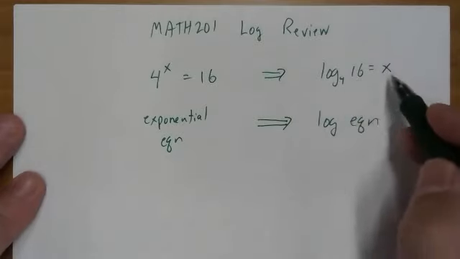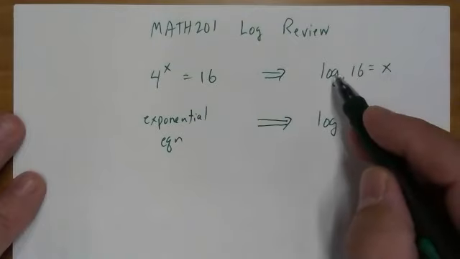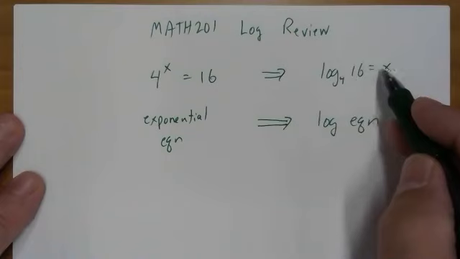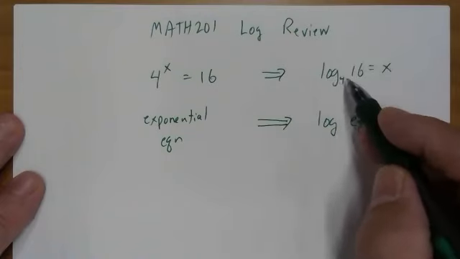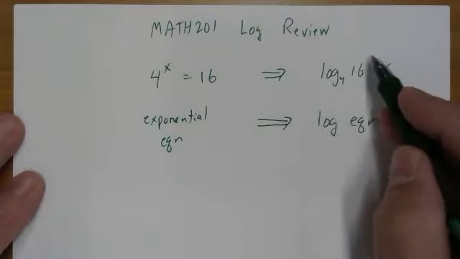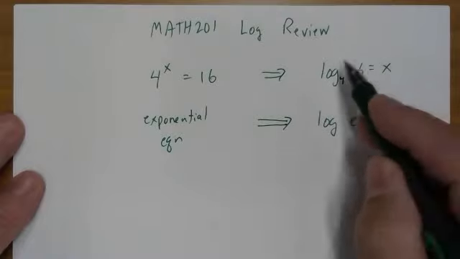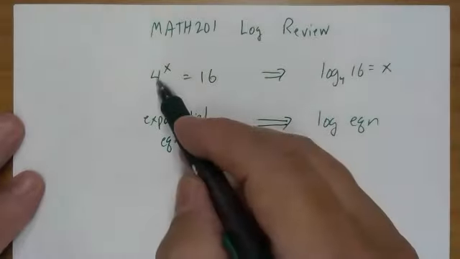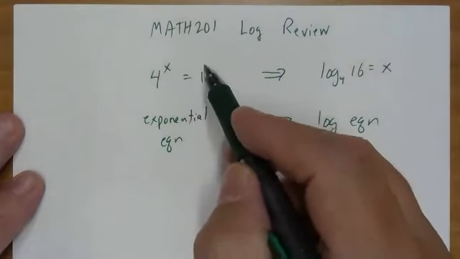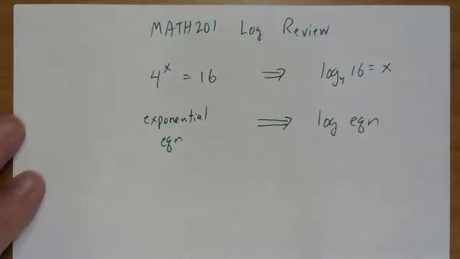Now, in the world of math, the way we pronounce this is log base 4 of 16 equals x. Log base 4 of 16 equals x. This is actually the same equation as 4 to the x equals 16. Now it looks different. It's actually the same equation.